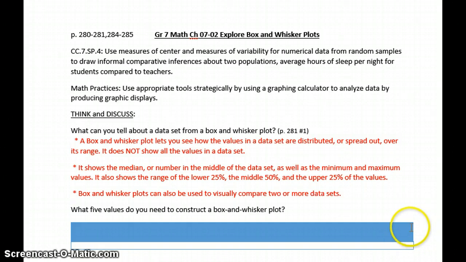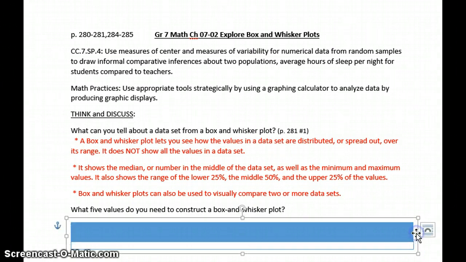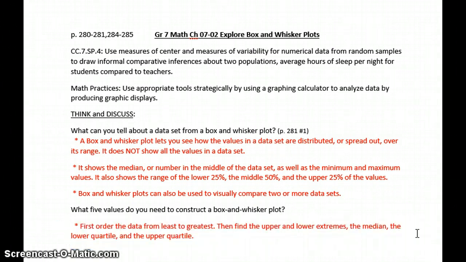Now, what are the 5 values you need in order to construct a box and whisker plot? Well, first you need to take the data and order it from least to greatest. Then find the upper and lower extremes, or the least value and greatest value.